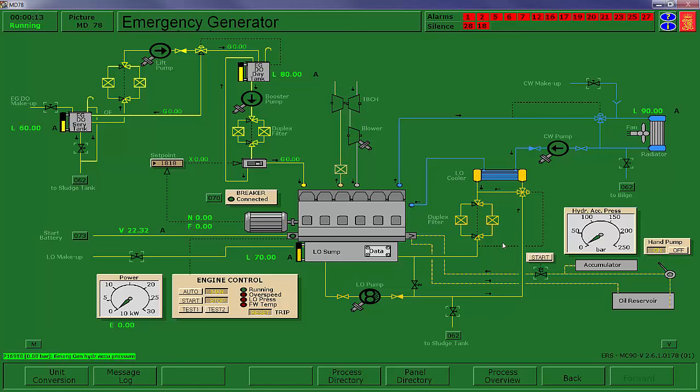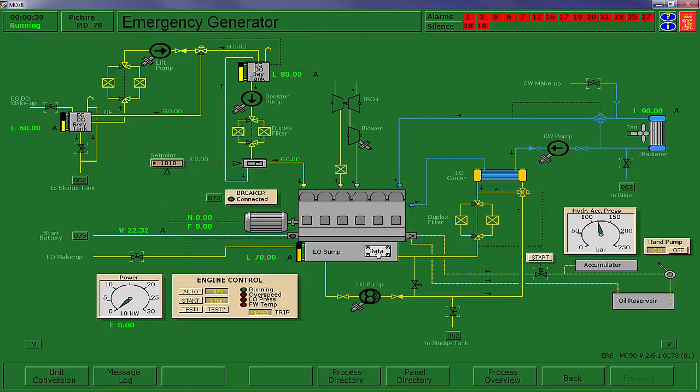This has a secondary hydraulic start system that would be used if the primary, which is an electric system, if its start battery became discharged for any reason. The problem with an electric start system is, what are you going to do if your start batteries become discharged? So this has a secondary system.